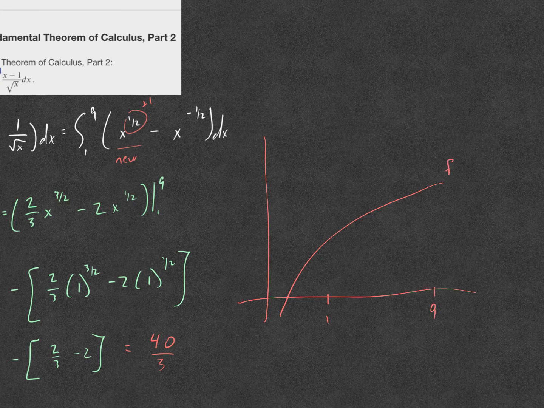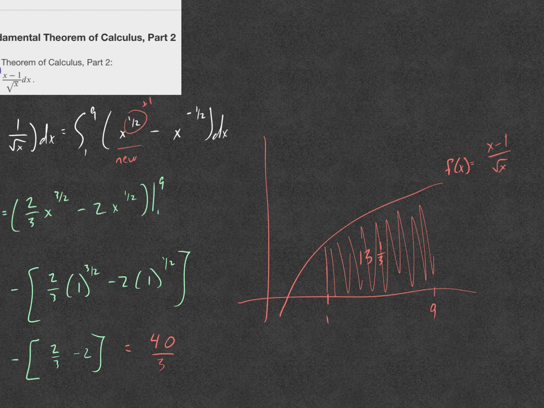And here is my f of x, x minus 1 over the square root of x. And we've got that this area is equal to, what's 40 divided by 3? 13 1/3 approximately. So the area of this region is about 13 1/3 if I did my mental math correctly. Okay, so that's what we've found by evaluating this integral.